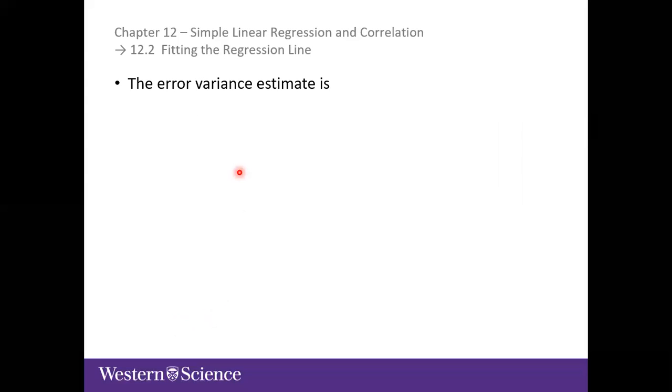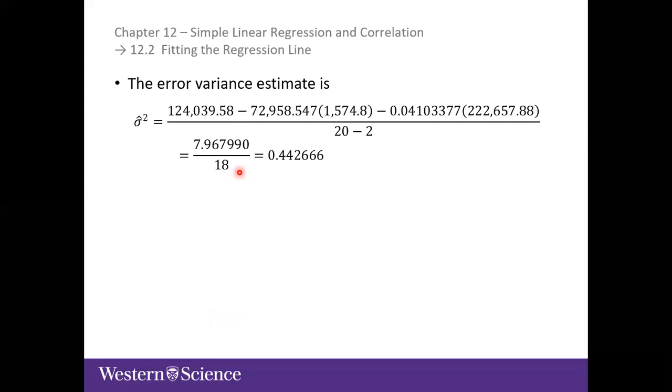And then the error variance can also be calculated by using those 6 quantities. And the number of degrees of freedom has to be 20, the number of data, minus 2, because we use 2 degrees of freedom in estimating beta 1 and beta naught.